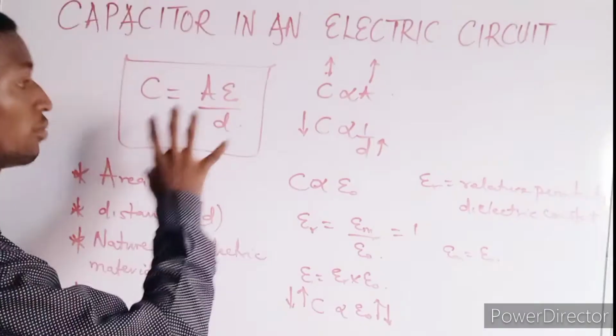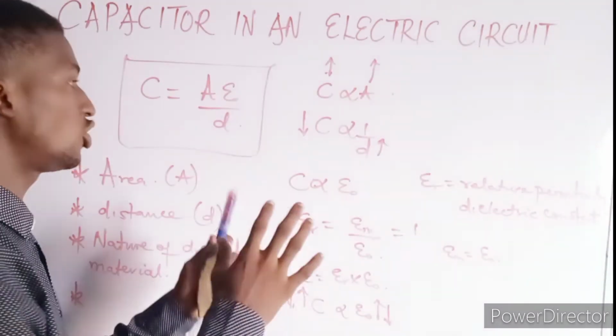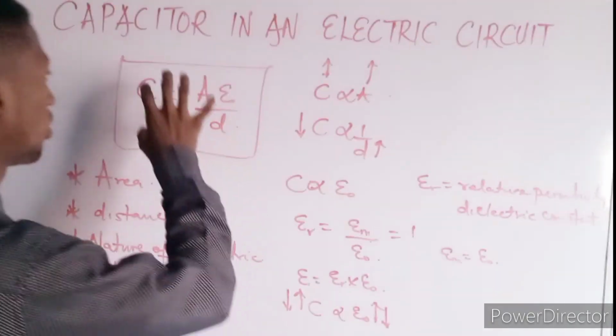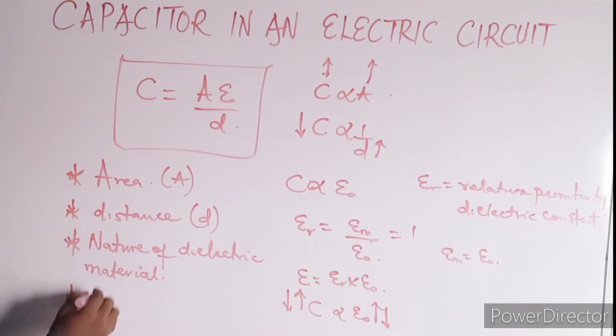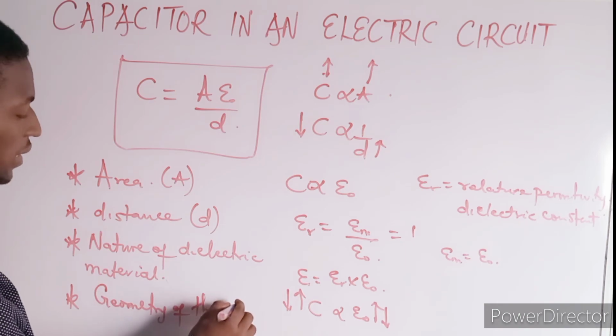Then the fourth one, when we deduce from this formula, is the geometry of the plate. As the geometry of the plate increases, so does the capacitance. So we call it the geometry of the plate.